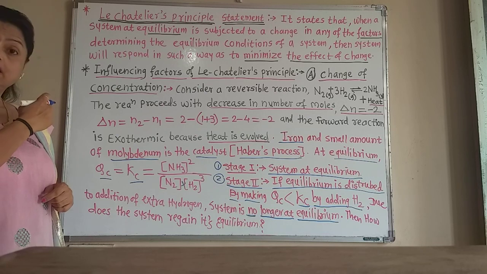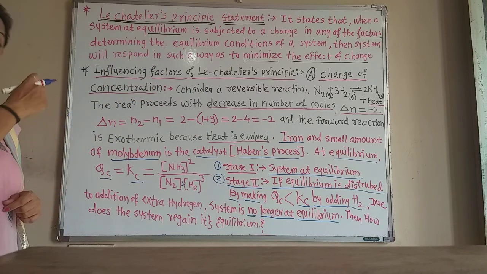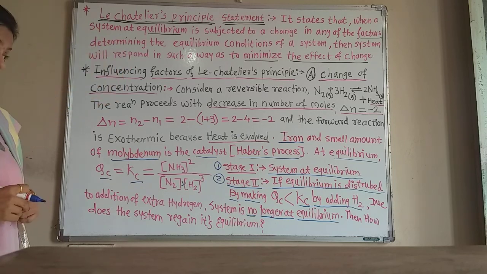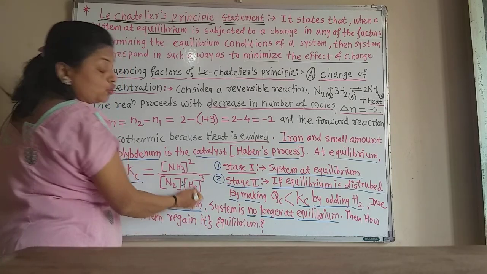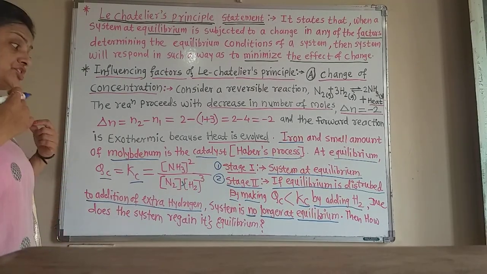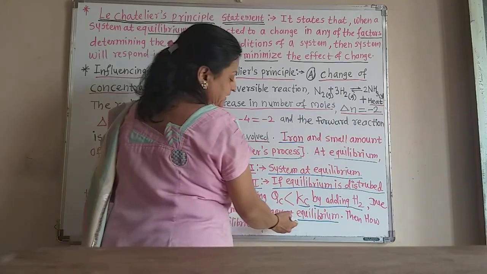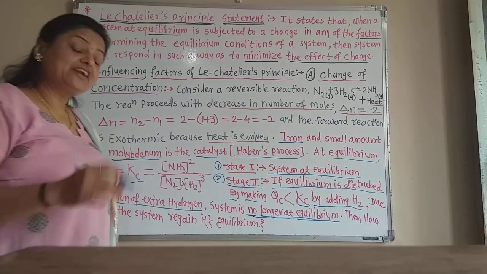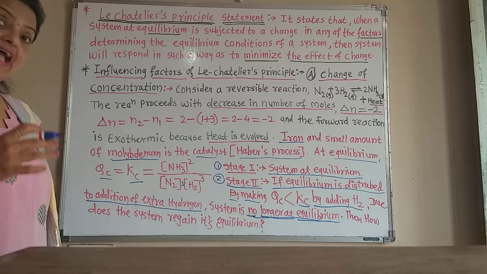The reaction proceeds in the forward direction, from left to right again. Due to addition of extra hydrogen, the system is no longer at equilibrium.